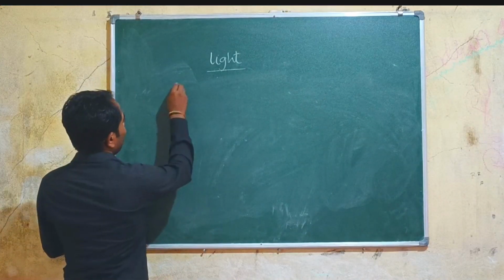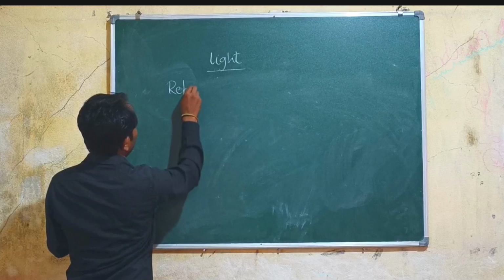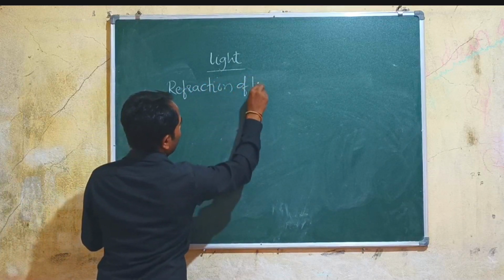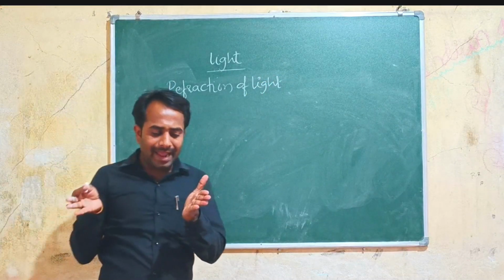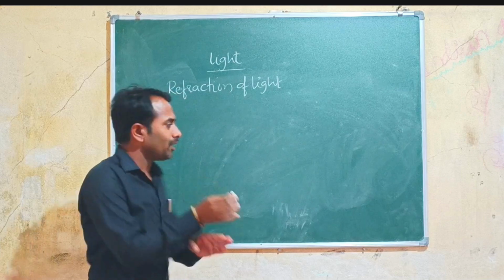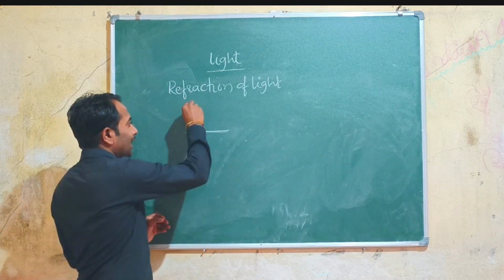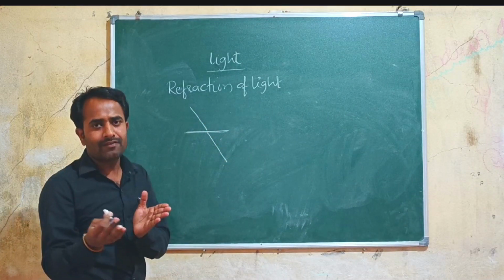The next kind of light phenomenon is the refraction of light. If light travels from one medium to another medium, for example if there is glass in between, it bends its direction.